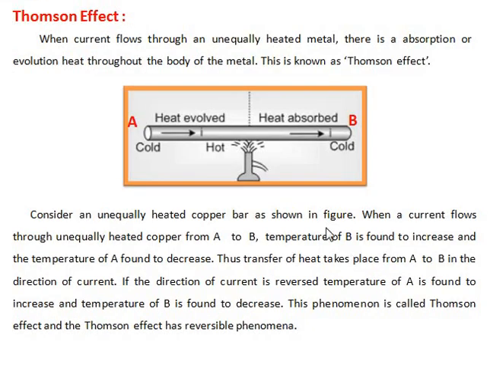So, dear students, when a current of 1 ampere is passed through the unequally heated metal conductor for 1 second, 1 joule of heat transfer takes place from A to B direction. There is a temperature difference of 1 degree Celsius between these two ends. That is known as the Thomson coefficient.